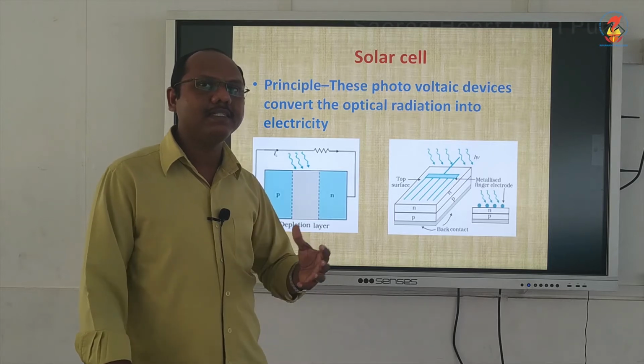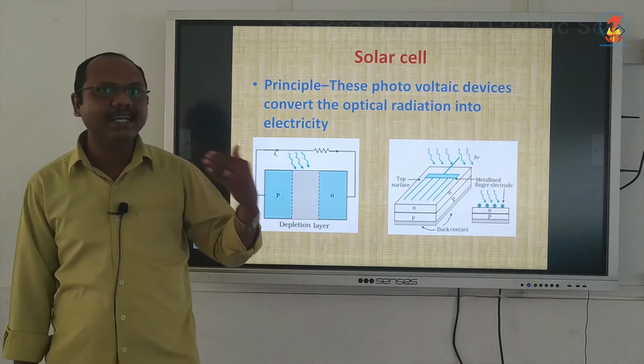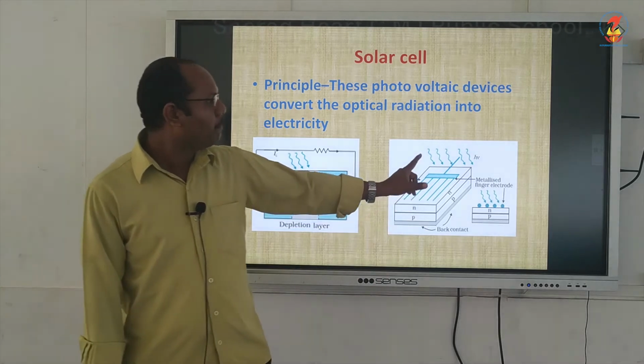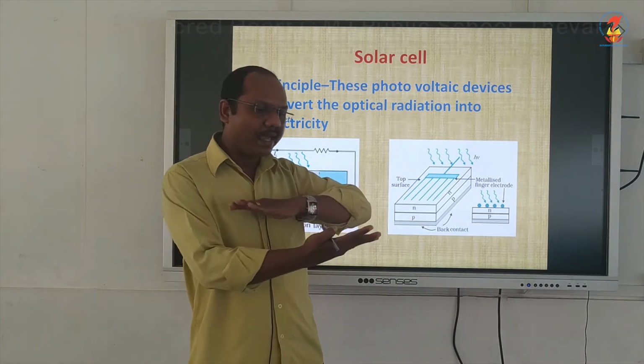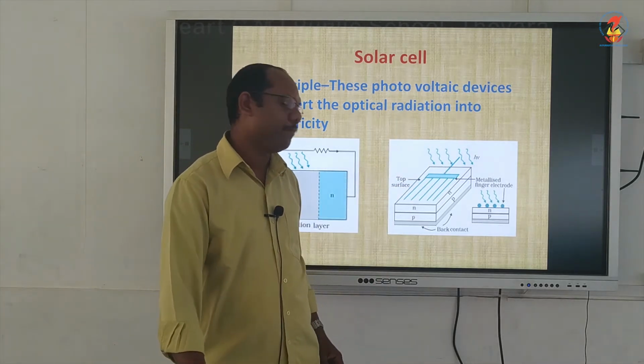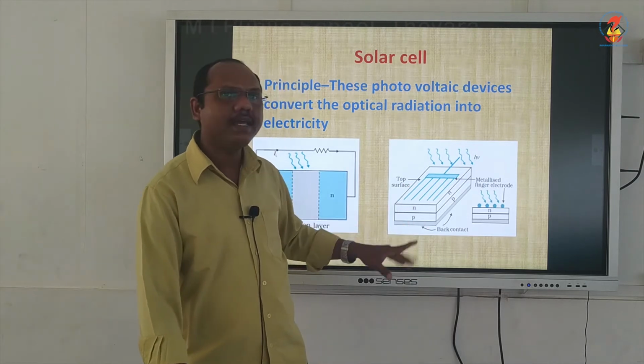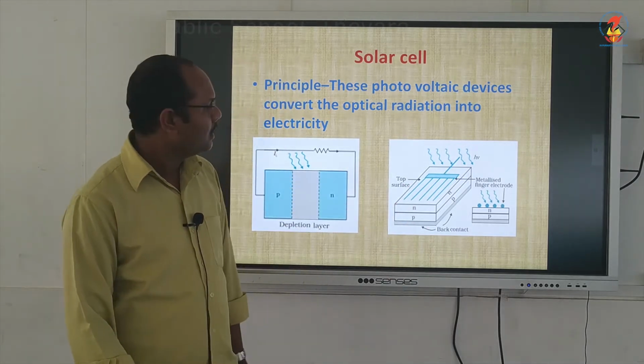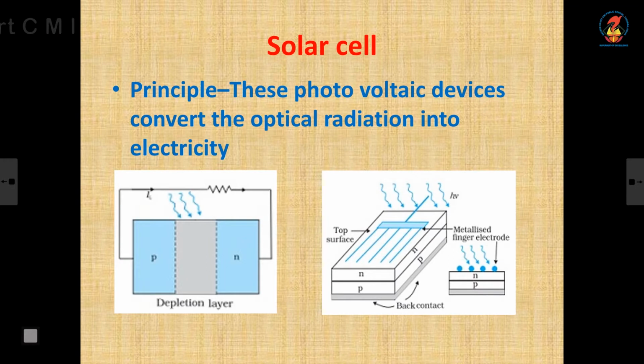If I study it in detail, it consists of a large surface area. Look at the second figure, there you can see the surface is very large. There is a thin N layer and the P layer is below the N layer.